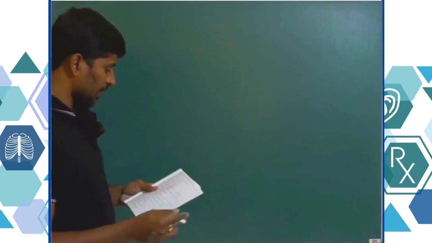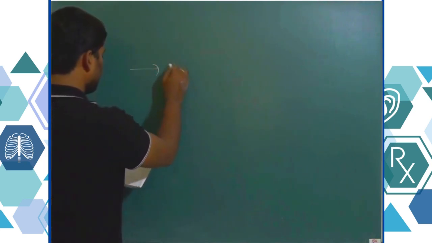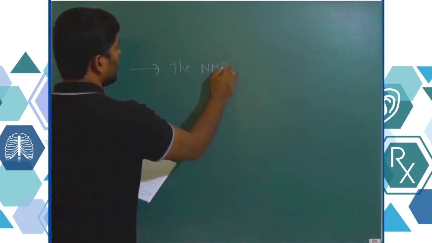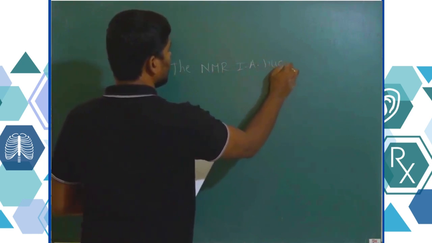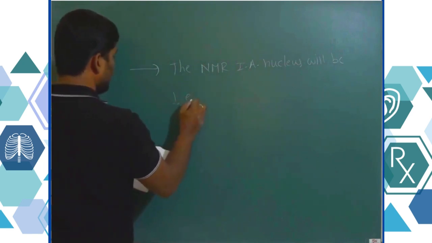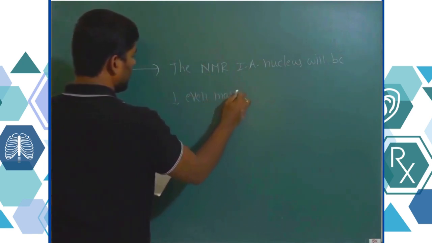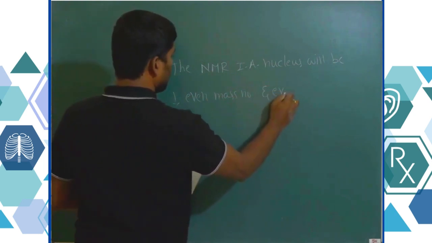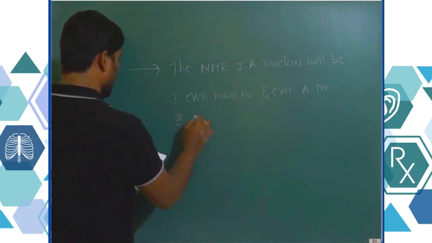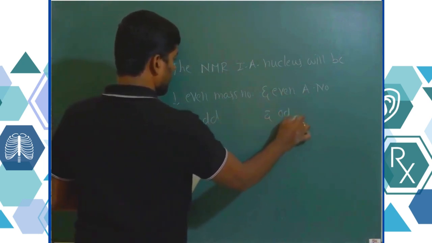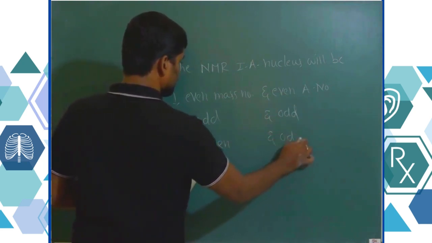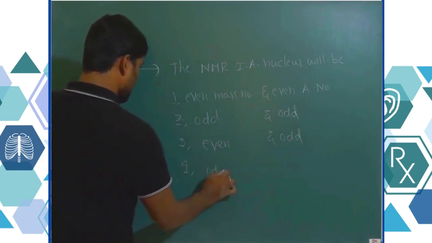Okay, this is given in AP PhD entrance. The NMR inactive nucleus will be, options given: even mass number and even atomic number; next one, odd and odd; even and odd; and so on.